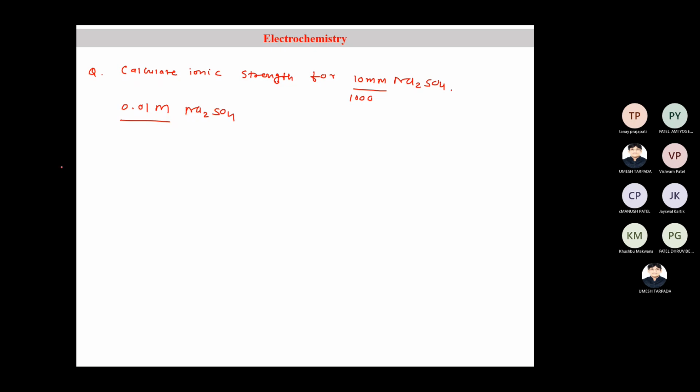Now how to calculate its ionic strength? Ionic strength is equal to 1/2 Ci Zi square. See, when you ionize it you get 2Na plus and SO4 -2. This is 0.01, so it's 2 into 0.01, that is equal to 0.02, and this is only 0.01. So first you go for Na plus.